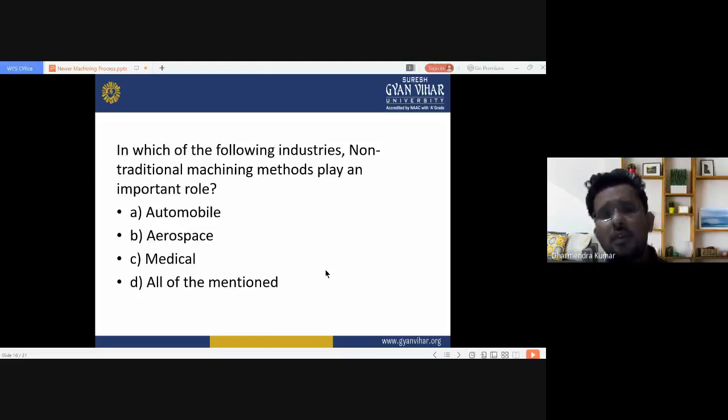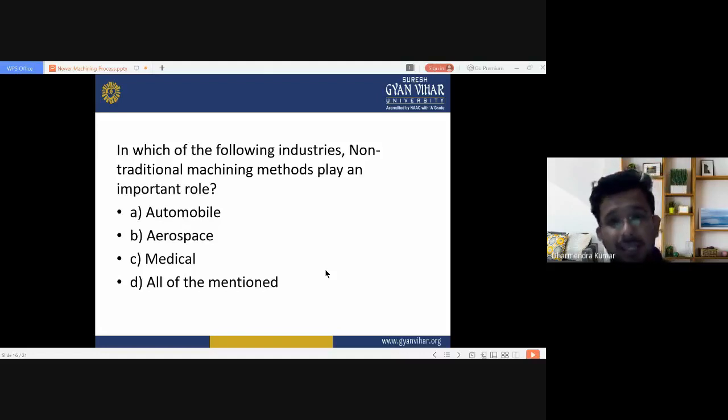If you're talking about industries, in any industry, whether we are machining a hard component, a harder component, a small component or a soft component, we can easily machine any type of component with non-traditional machining.